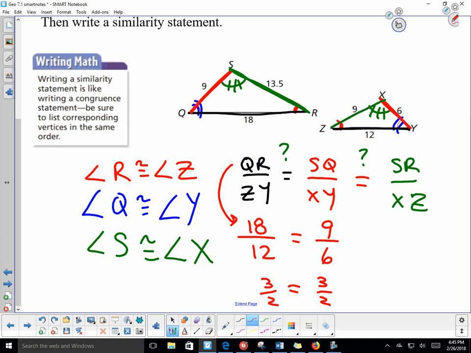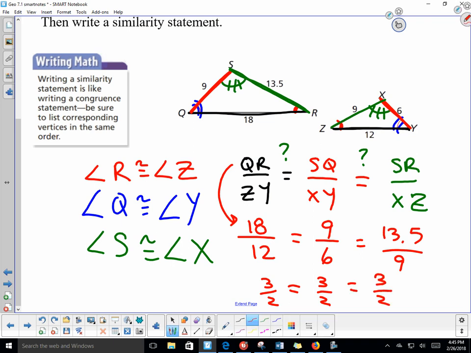So that would be 13.5 divided by 9. You grab your calculator: 13.5 divided by 9, what does that equal? It looks like it equals 1.5, which is the same as 3 over 2.